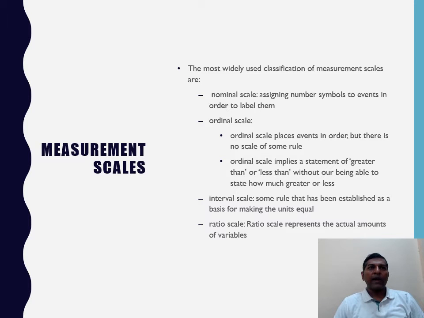The most widely used classification of measurement scales starts with the nominal scale, assigning numbers or symbols to events in order to label them. Whenever we are talking about something, we will refer to those items with the help of some numbers, and these numbers will allow us to identify it as and when required.